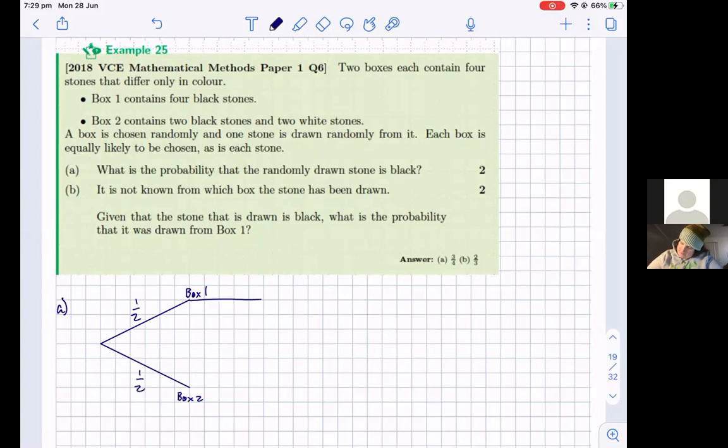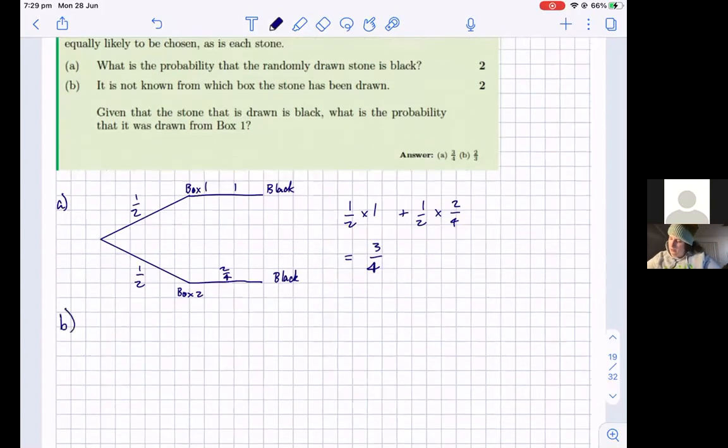Probability of getting black is 1 out of 1. It's 100%. They're all black. For box 2, the probability of getting black was 2 out of the 4. So we've got 1/2 times 1 and 1/2 times 2 out of the 4. Totally comes to 3/4.